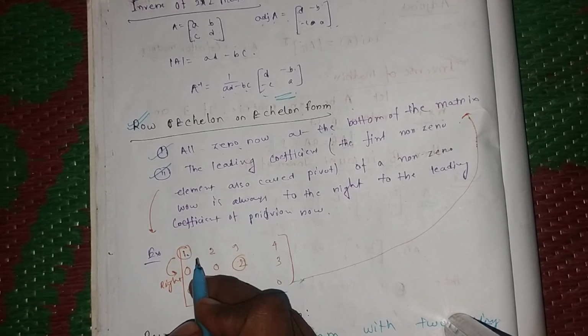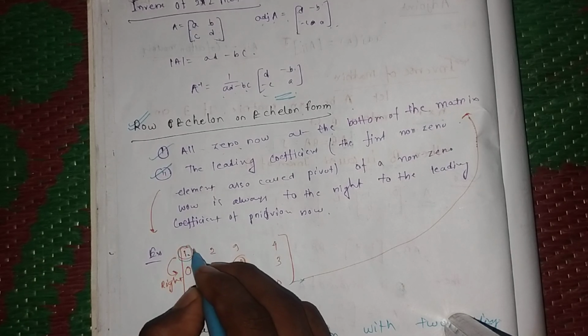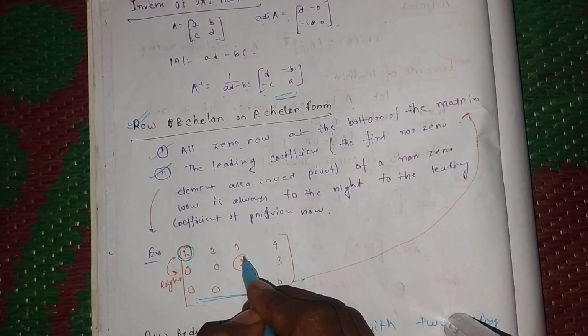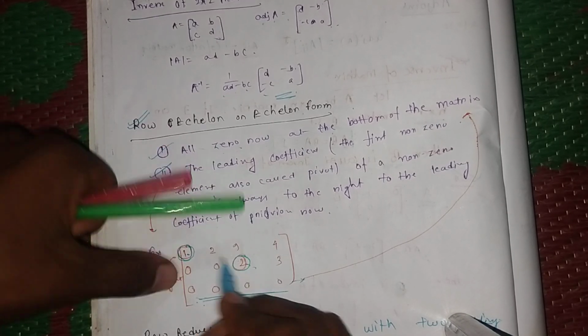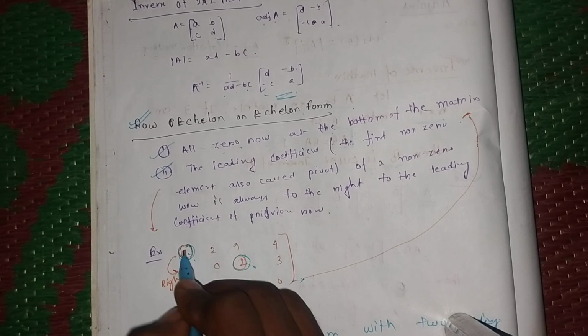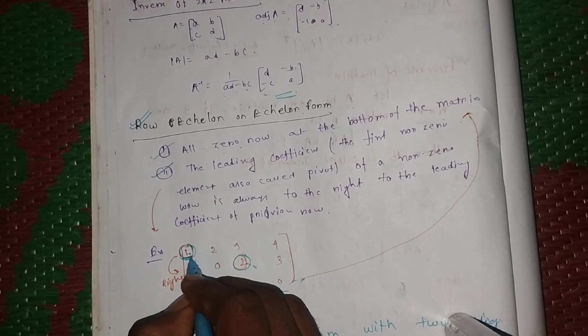Now this is in this position. For the next row, the leading element should be to the right. You can see this is to the right of this leading element. This leading coefficient is called the pivot.